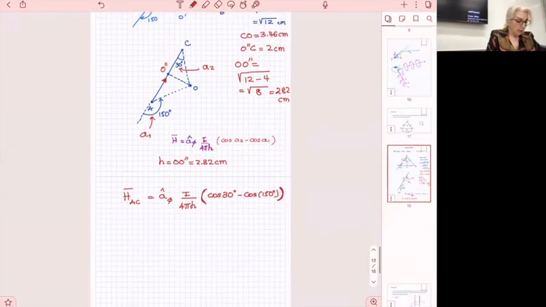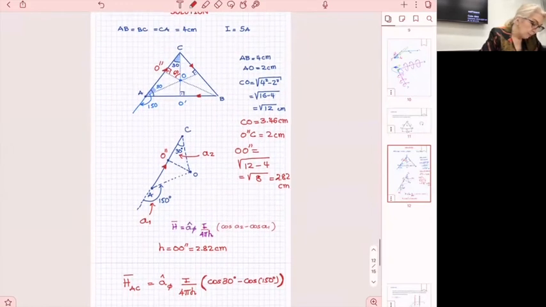Okay, let's figure out what the direction of A phi is in this case. If you follow the right-hand rule, since the current follows the direction from A to C, then A phi is going to be the direction perpendicular to the plane of the triangle and going inside the plane.